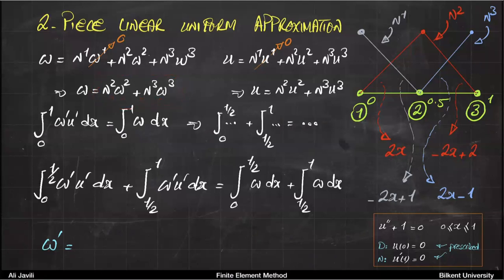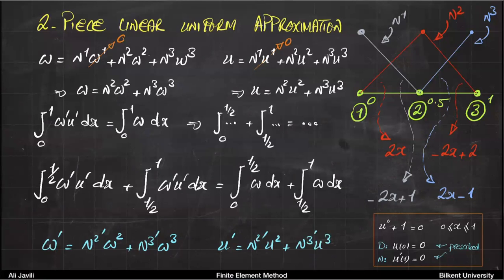So w prime is just the derivative of that, which would be n2 prime w2 plus n3 prime w3. The same holds for u. So u prime is n2 prime u2 plus n3 prime u3.